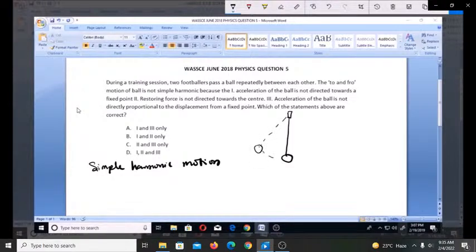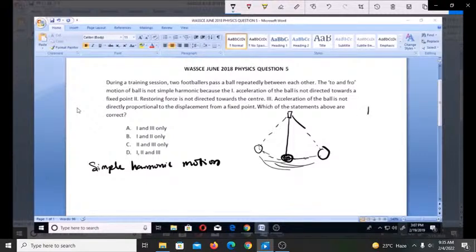And we all know what a simple pendulum is. When you have a rope and you tie a load to it, this is the load. So when you pull this load like this, it's going to make this motion. It will continue to move like this, and the acceleration of this ball is directed towards the middle. It's making this motion over a fixed point.